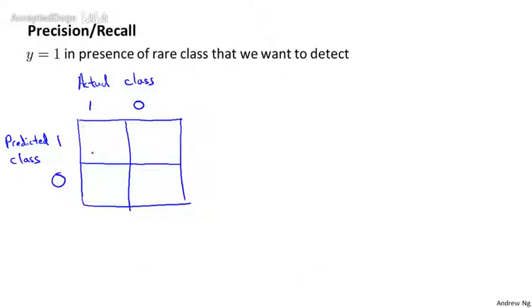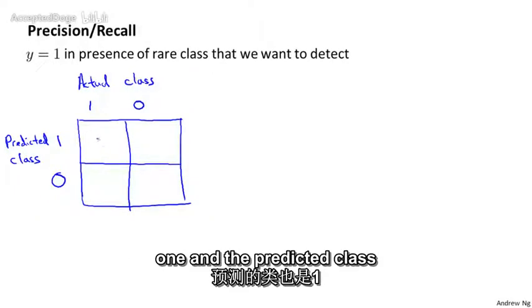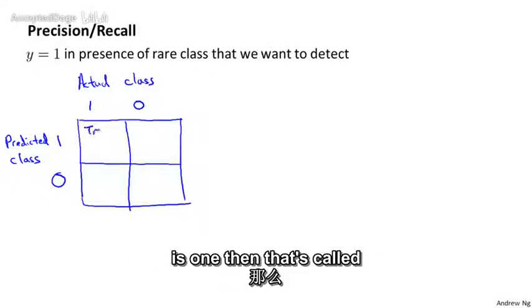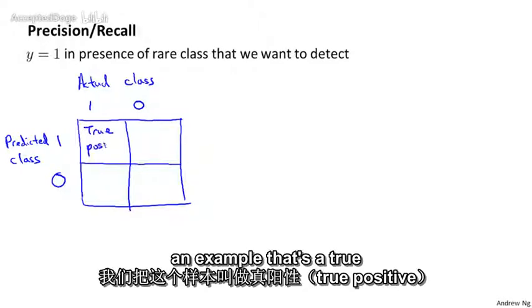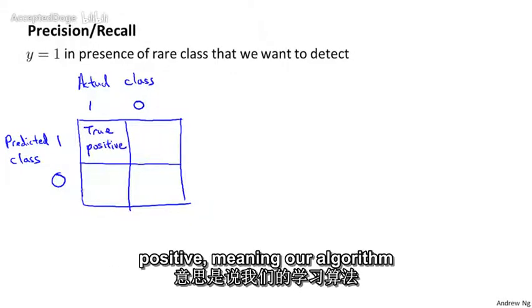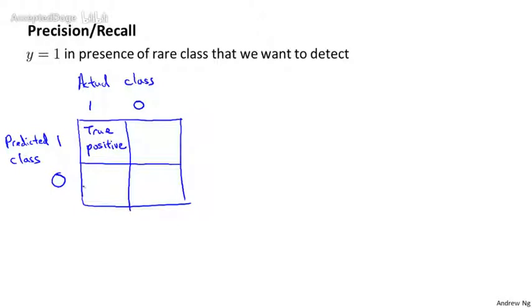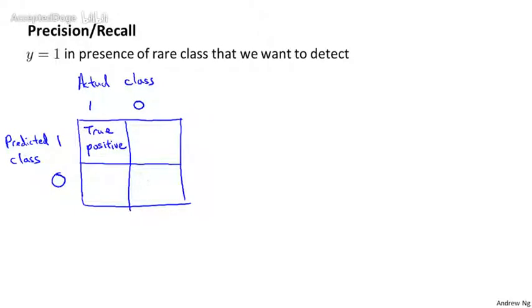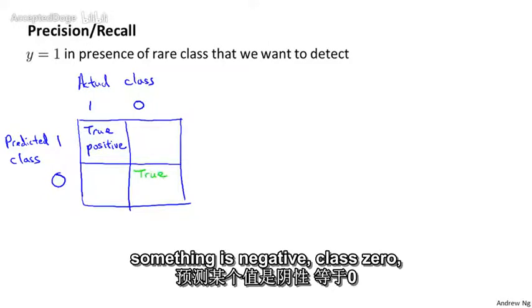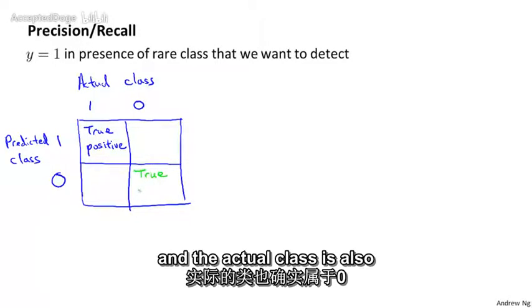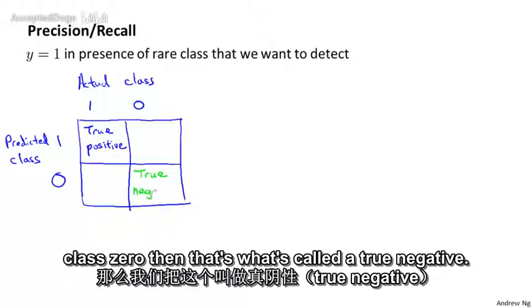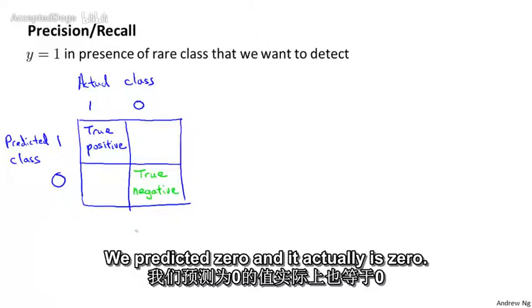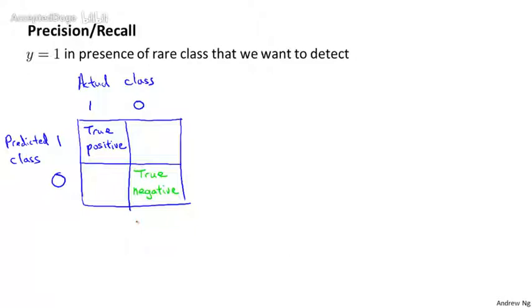If we have an example where the actual class is 1 and the predicted class is 1, then that's called a true positive, meaning our algorithm predicted that it's positive, and in reality the example is positive. If our learning algorithm predicted that something is negative, class 0, and the actual class is also class 0, then that's what's called a true negative. We predicted 0 and it actually is 0.